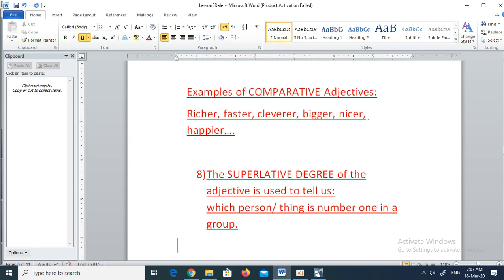The superlative degree of the adjective, which is the third degree of the adjective, is used to tell us which person or which thing is number one in a group.